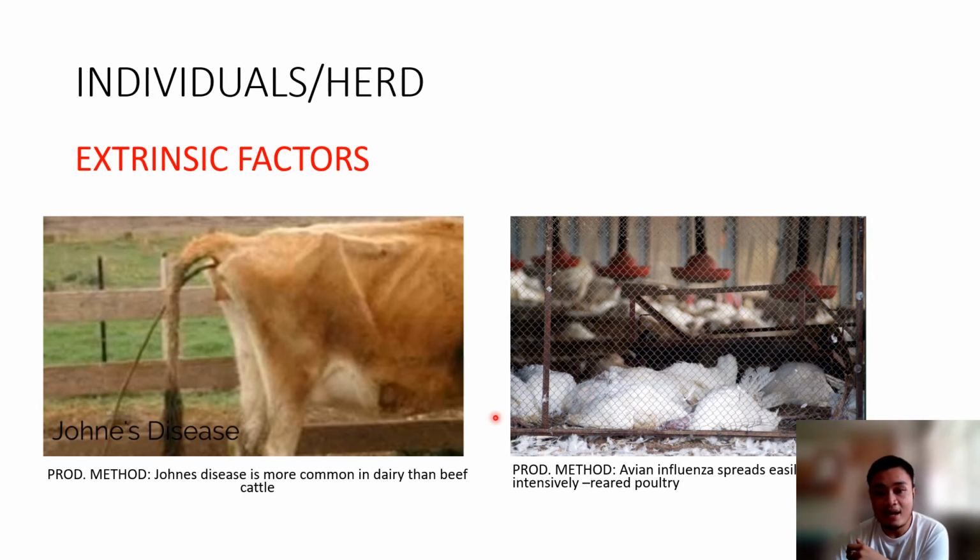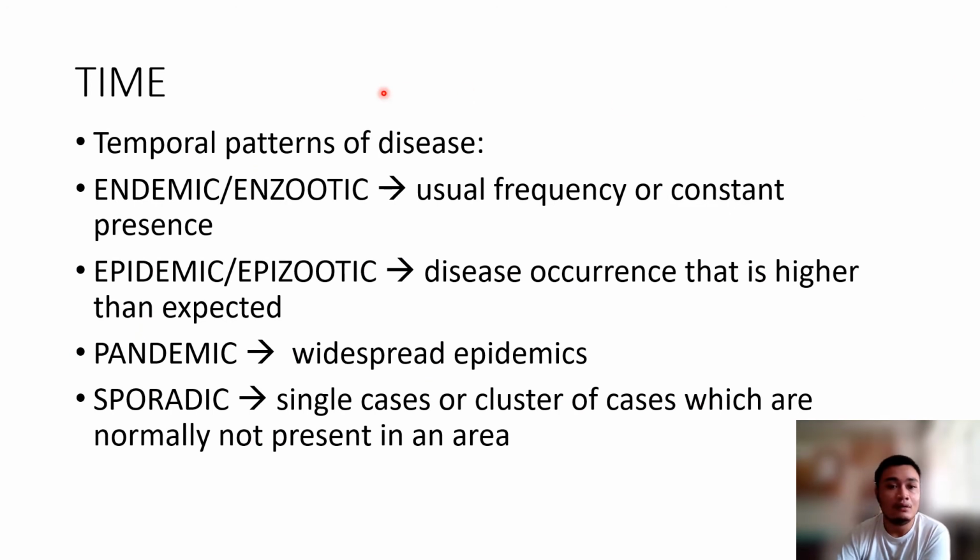So these are factors that influence the occurrence of disease but are not innate to the animal. So, extrinsic determinants of disease.